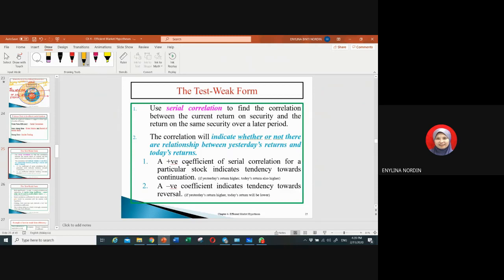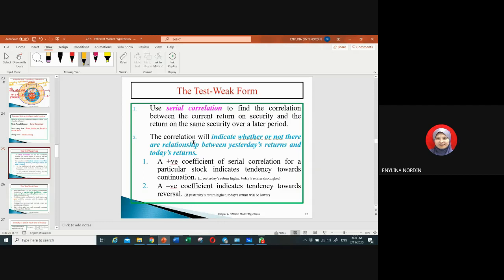To test the weak form, the serial correlation determines whether or not there is a relationship between yesterday's return and today's return. That is the easiest explanation we can show you here. That means we want to see whether there is a relationship between yesterday's price, today's price, and tomorrow's price.